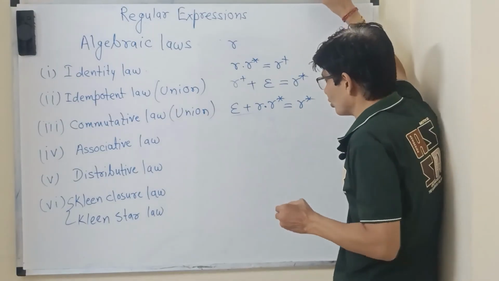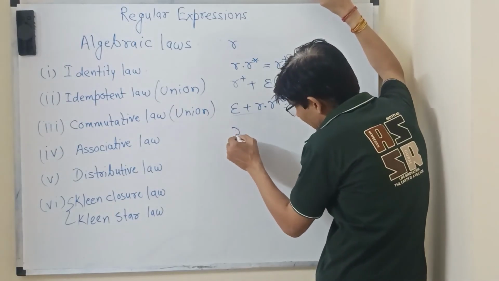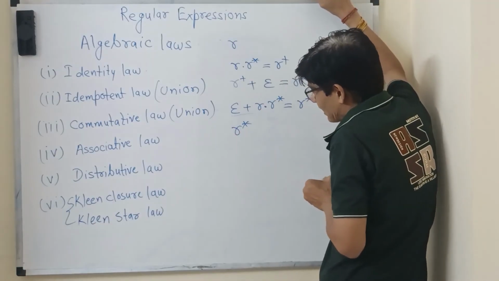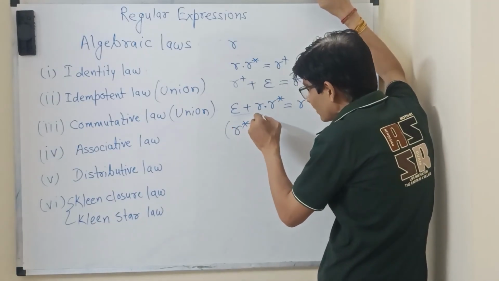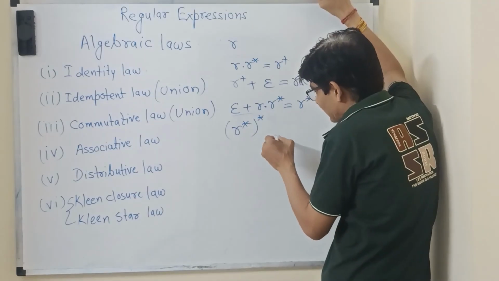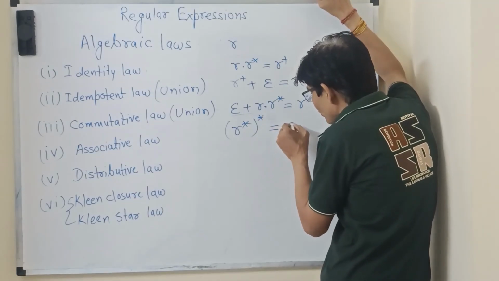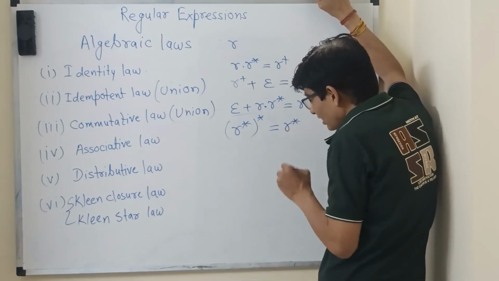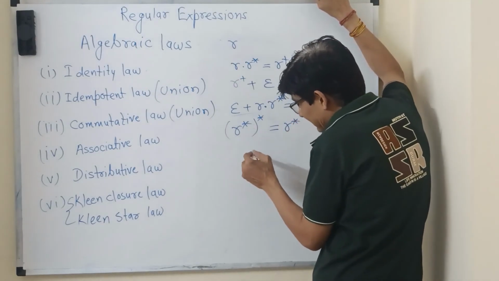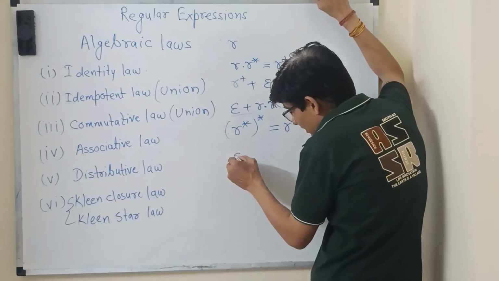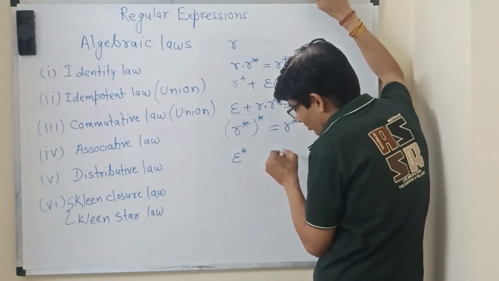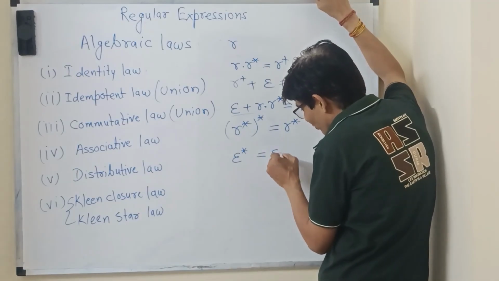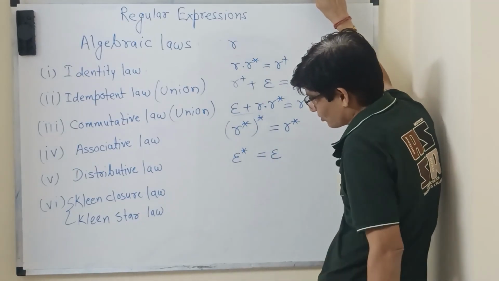Now one more law: if we take the Kleene closure of R and again take the Kleene closure of that, then it would be equal to the Kleene closure of R itself. Now if we take the Kleene closure of epsilon, it would always be equal to epsilon only.